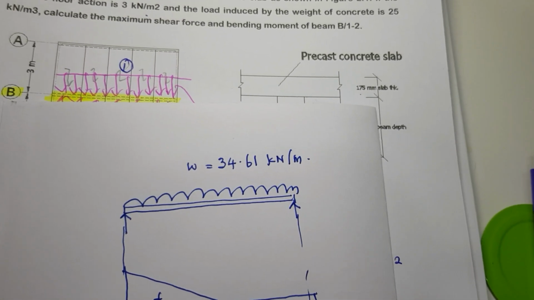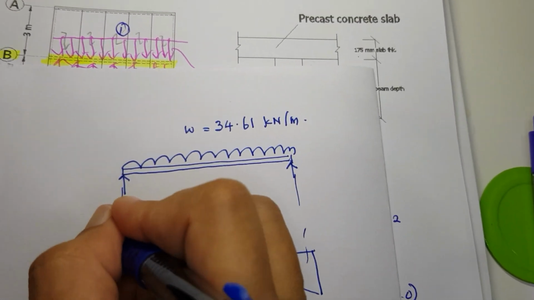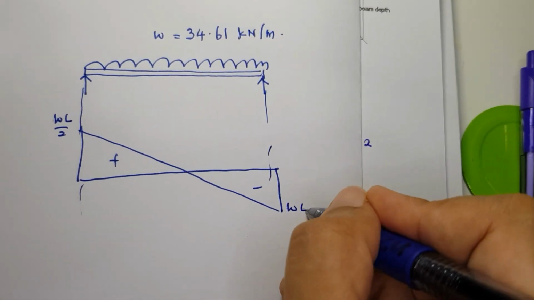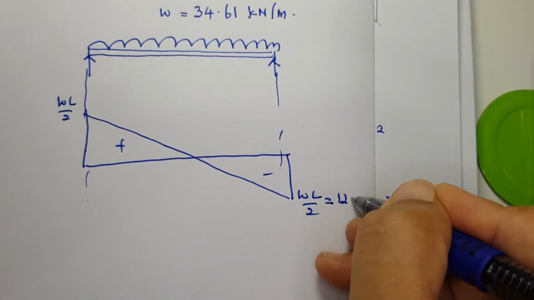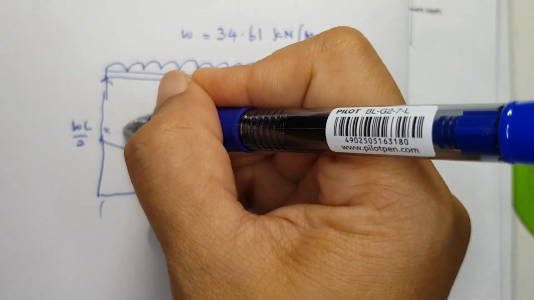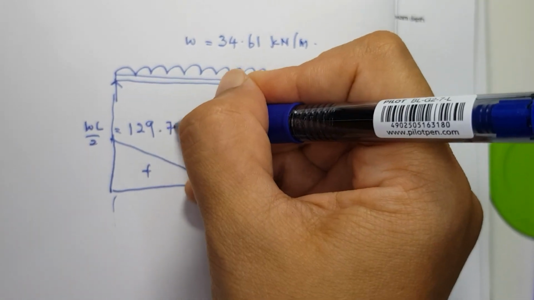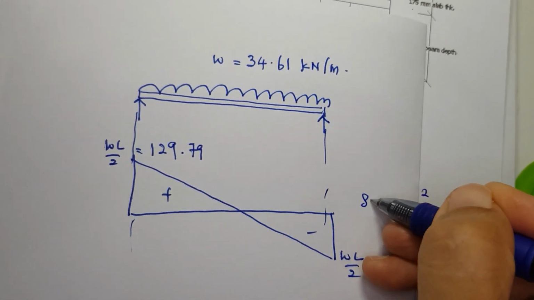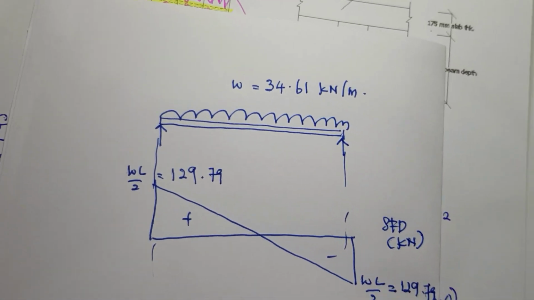Positive, negative here. So here is WL over 2, WL over 2, 129.79. This is the shear force diagram, unit in kilonewton.